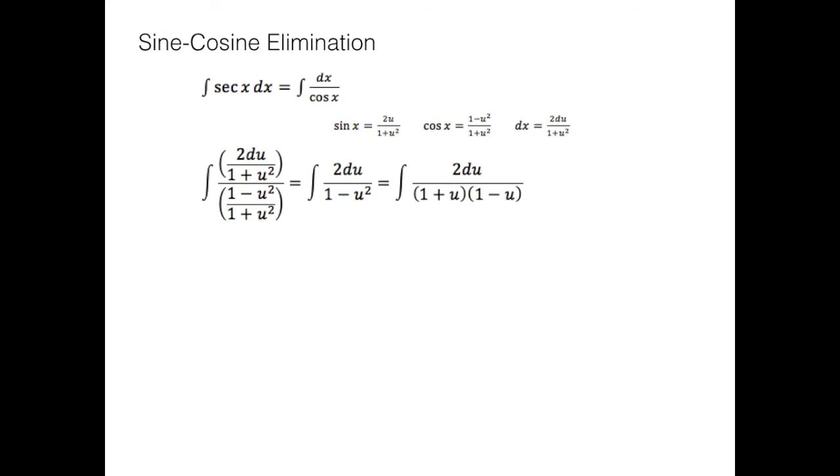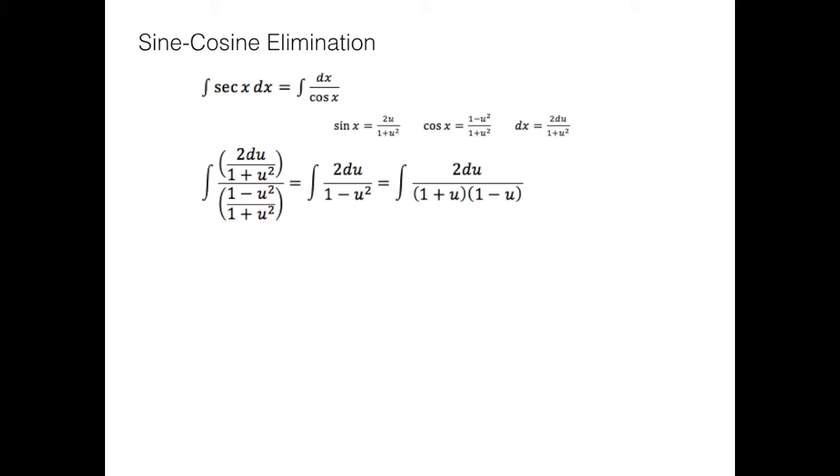So luckily, in this division, we can basically cancel the denominators of both the fractions, and that leaves us with the integration of 2 du over 1 minus u squared. And that also equals the integration of 2 du over 1 plus u times the quantity 1 minus u.